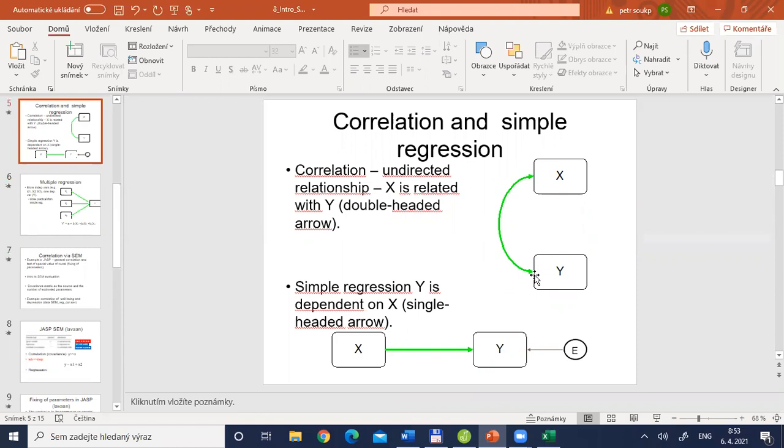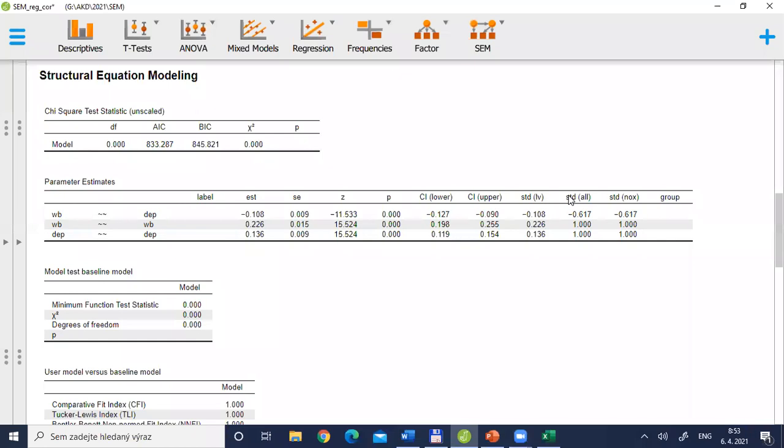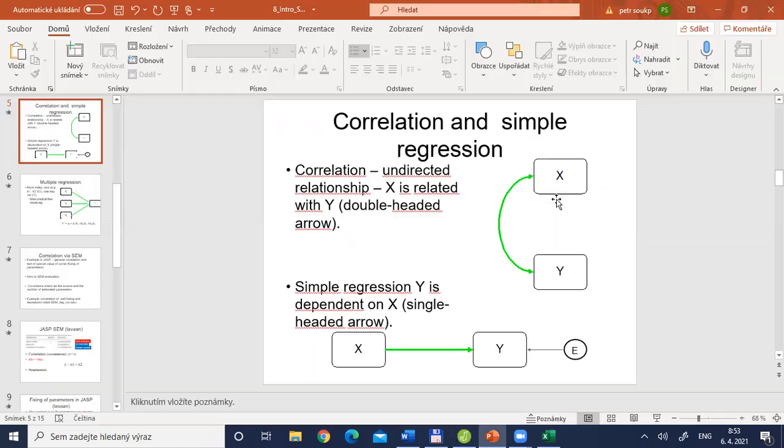So it means how many different pieces of information I am using for this computation. And that's quite easy. Here I have the variance of X, which can be computed from my data matrix. I would go, for example, into descriptives and compute variance, or I would go into structural equation modeling, and here I have variance for well-being. Here I have variance for depression. So this is also something that could be called input for my computation.